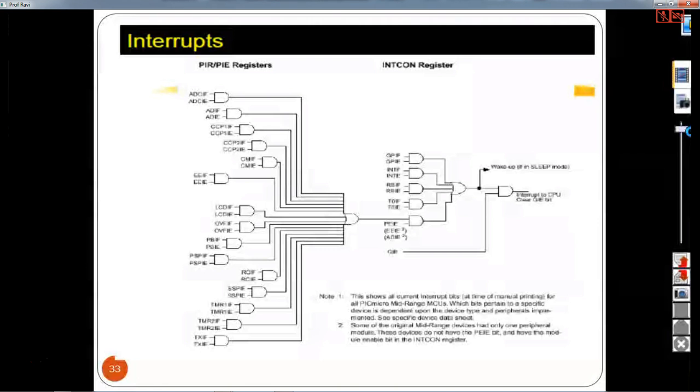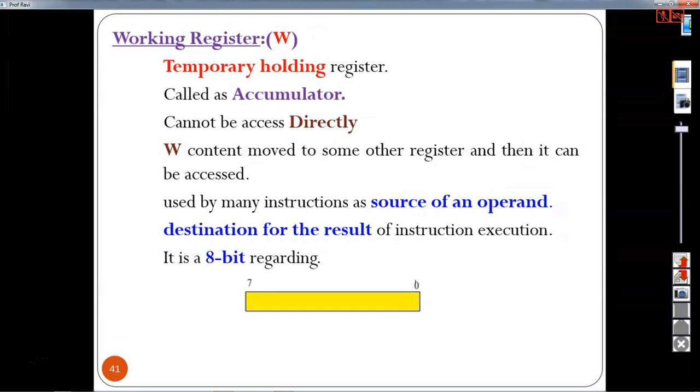And coming to the working register W, it is a temporary holding register called accumulator. In 8051 we call it an accumulator. Accumulation back is when the data is written back after the execution. W content can be moved to some other register, and it can be used by many instructions as source of an operand or destination for the results of execution.